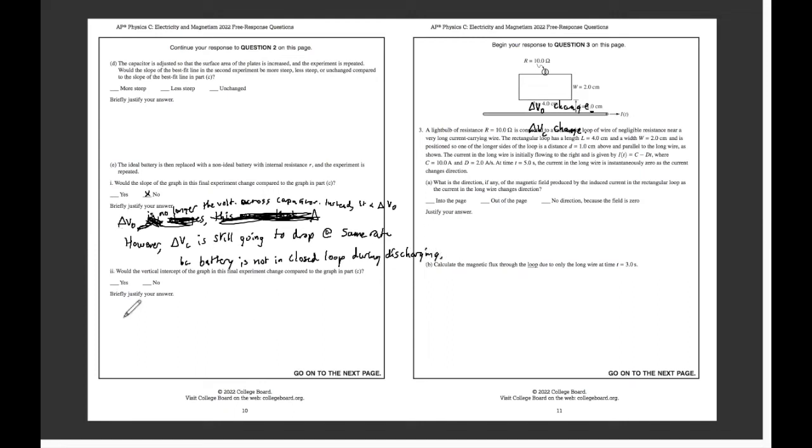Now, would the vertical intercept change? I do believe that it would, because the vertical intercept represents this quantity when t is equal to 0, delta VC when t is equal to 0. So if delta VC at time t equals 0 is now less than delta V naught, then you no longer have ln of 1 as you do for an ideal battery.